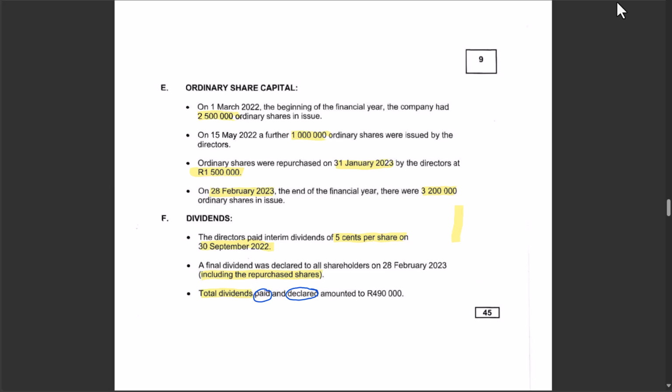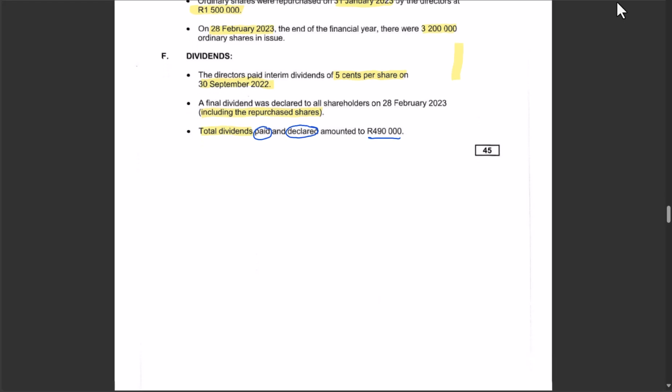Paid is the interim, declared is the final dividend, and it amounted to 490,000. You just have to be careful about reading those statements correctly, especially in an exam where you're always in a rush. That will be the end of the question.